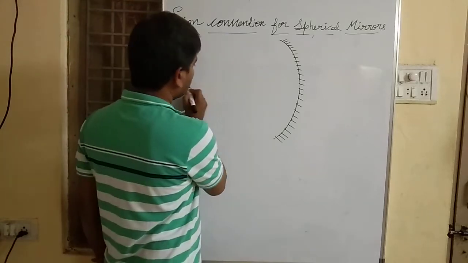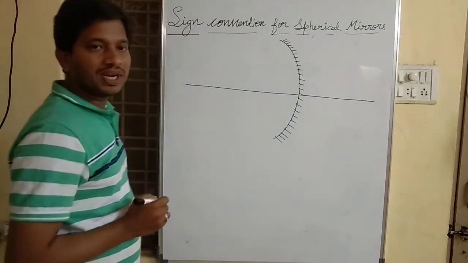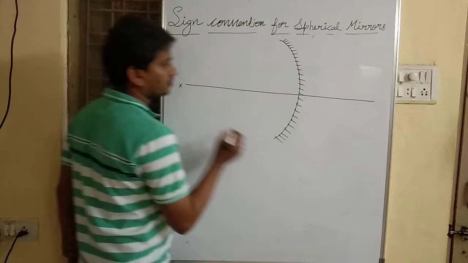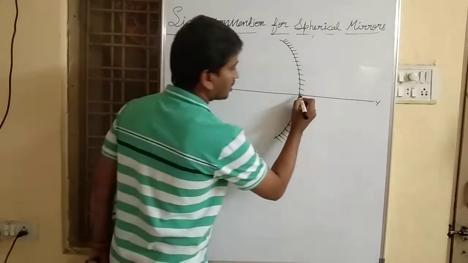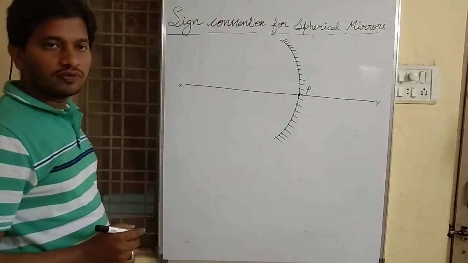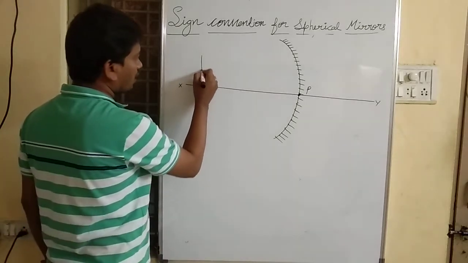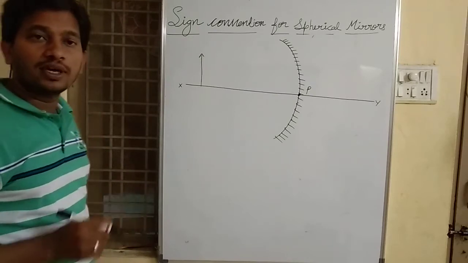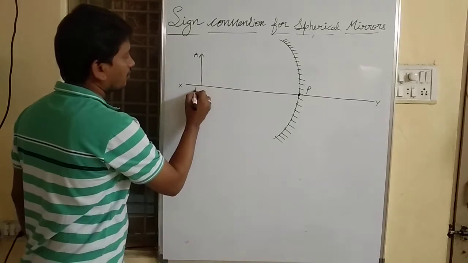This is our principal axis, and this is our pole. Suppose I place my object, and we always place an object in front of the mirror only. This is my object AB.